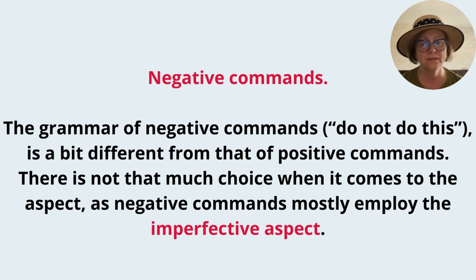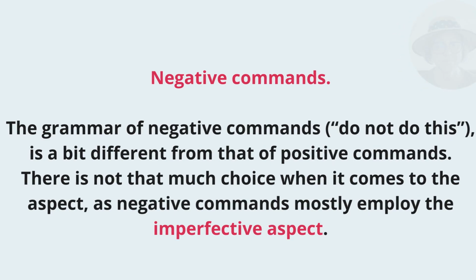Negative commands. The grammar of negative commands, "do not do this," is a bit different from that of positive commands. There is not that much choice when it comes to the aspect, as negative commands mostly employ the imperfective aspect.